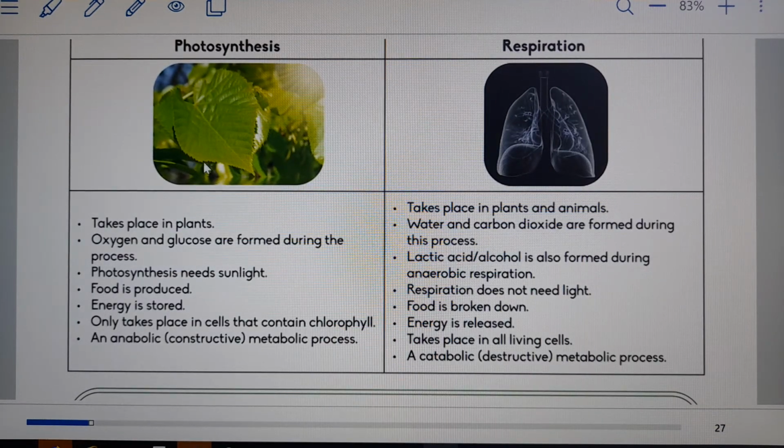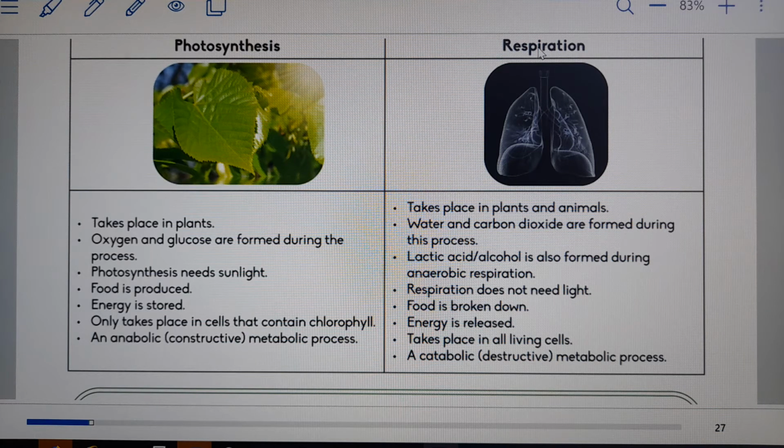Yes, photosynthesis takes place in plants. Oxygen and glucose are formed. They are the products during the process. Photosynthesis needs sunlight. Food is produced, energy is stored, it only takes place in cells that contain chlorophyll, and it is an anabolic metabolism process.